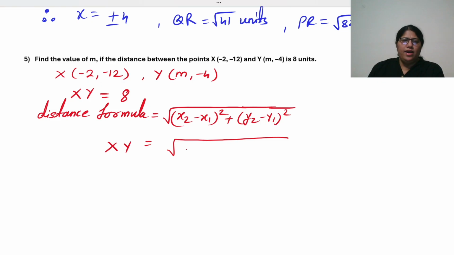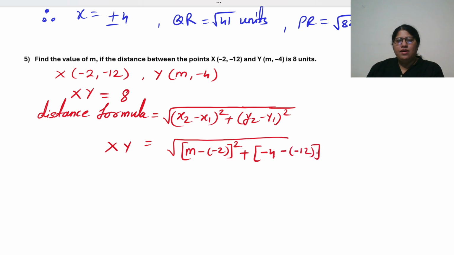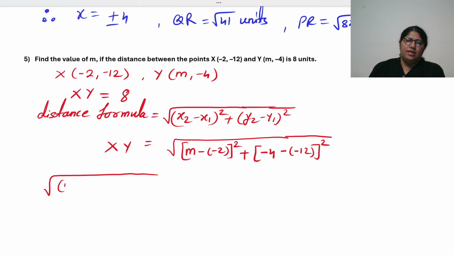So first you get XY: m minus of minus 2 whole square, that is x2 minus x1 whole square, plus y2, which is minus 4, minus of minus 12. First substitute, then simplify to get the simplest form. Now this value is equal to 8, so I can write m plus 2 whole square plus minus 4 plus 12 whole square equals 8.